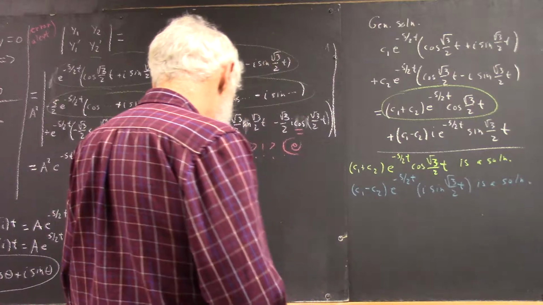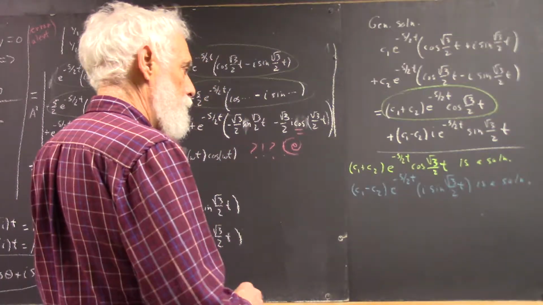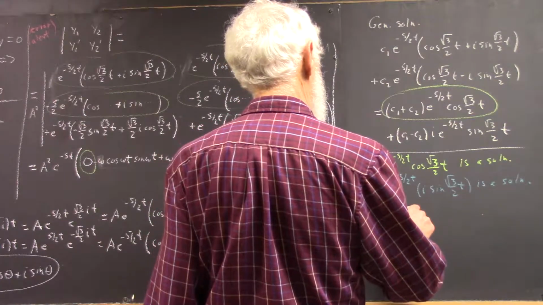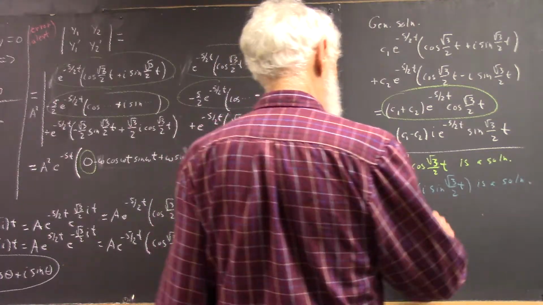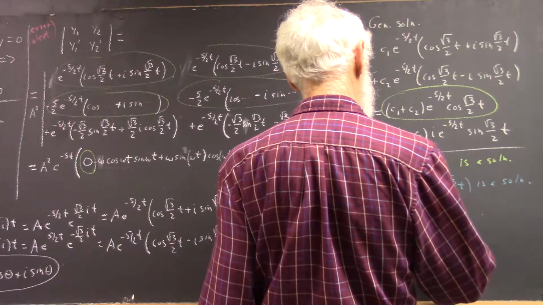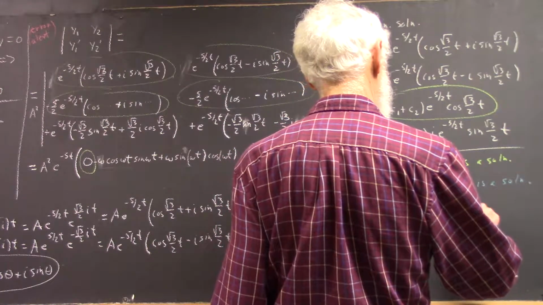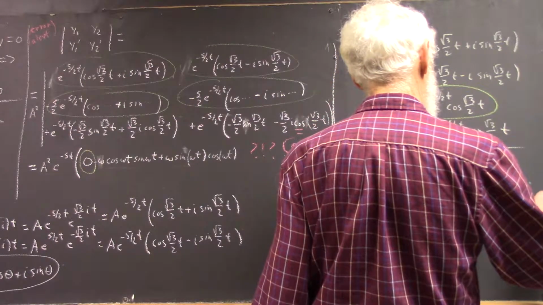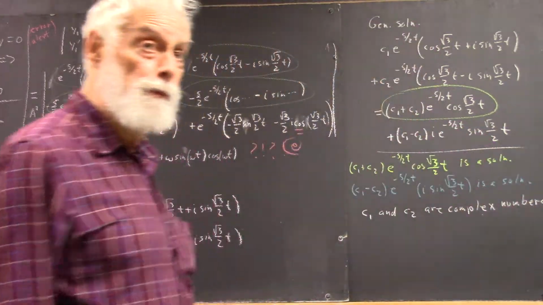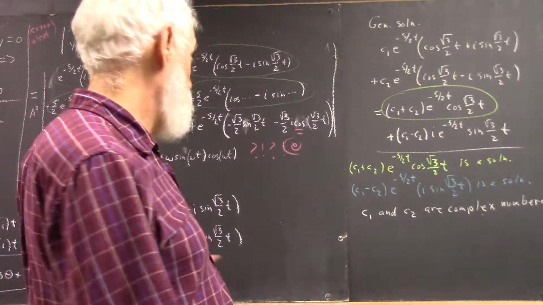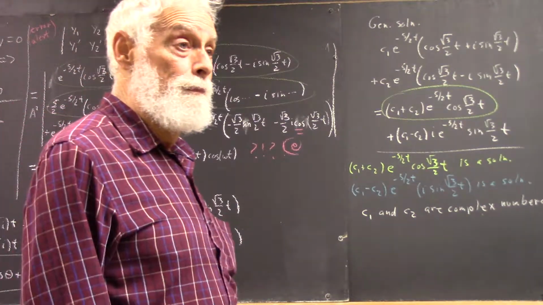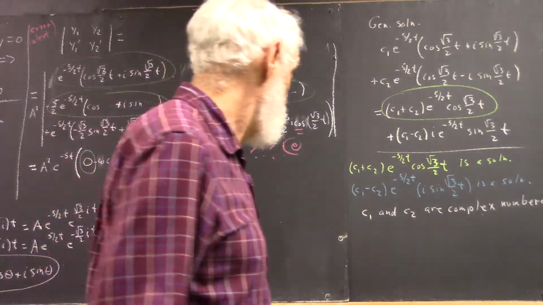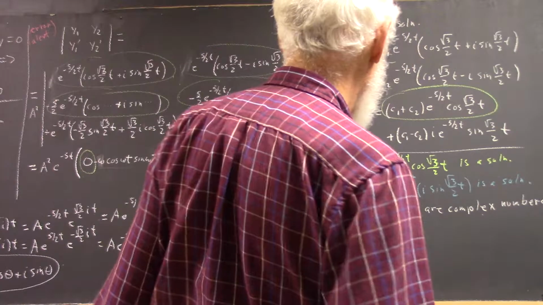But one thing we've got to realize is that C1 and C2 are complex numbers. We're dealing with complex valued solutions, so our scalars are over the field of complex numbers. C1 and C2 are complex numbers.